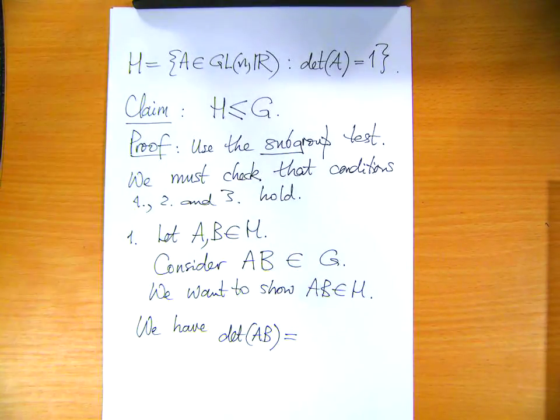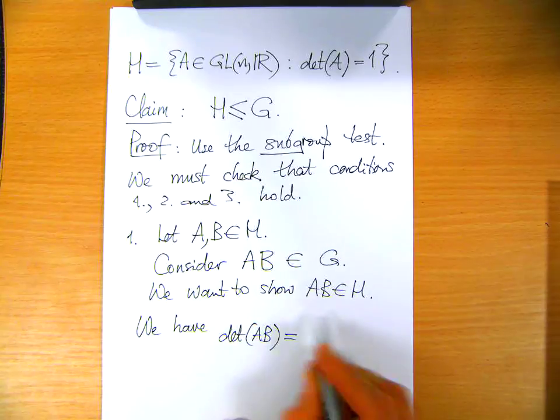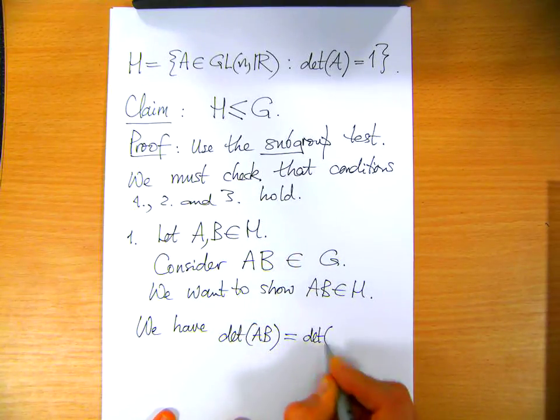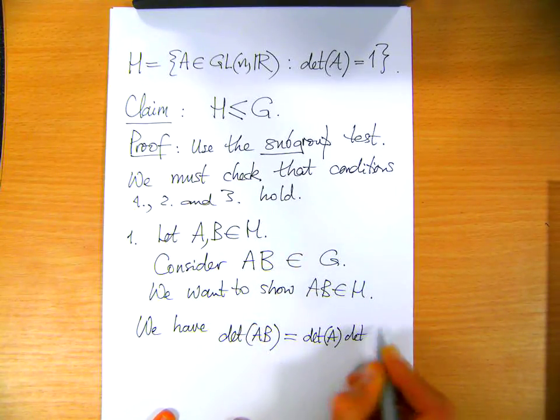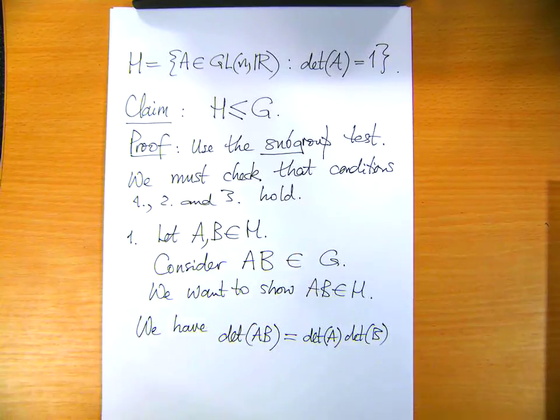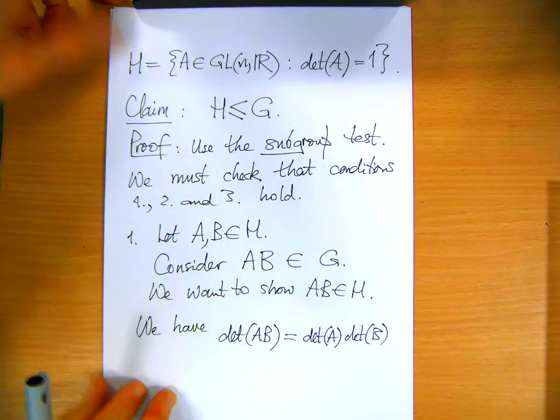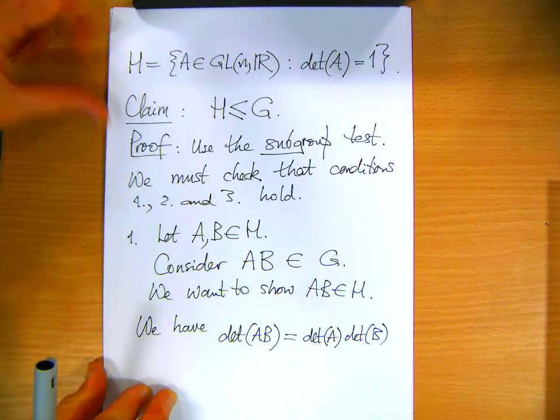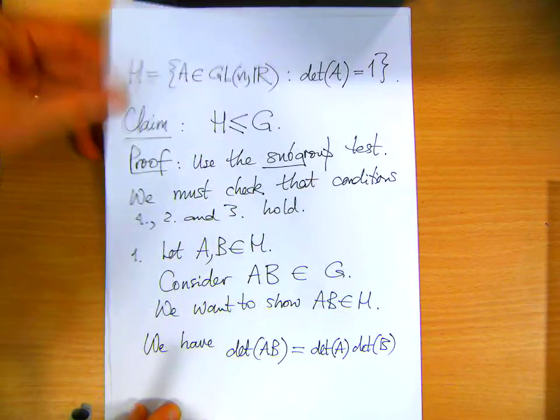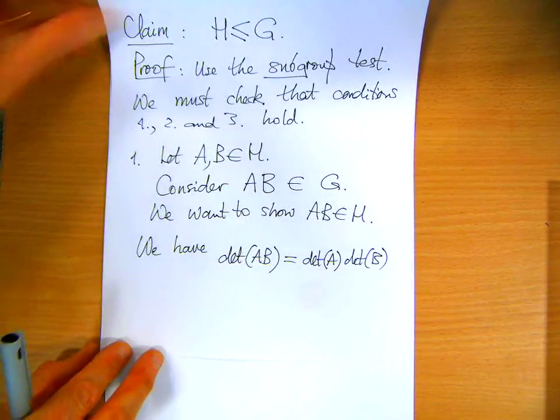because H is defined in terms of the determinant. Well, I'm going to use this really important result about determinants. I mean, essentially that determinant is a homomorphism, but it's that the determinant of AB is the determinant of A times the determinant of B. That's one of the most crucial facts in mathematics, I would say, that the determinant has that property.